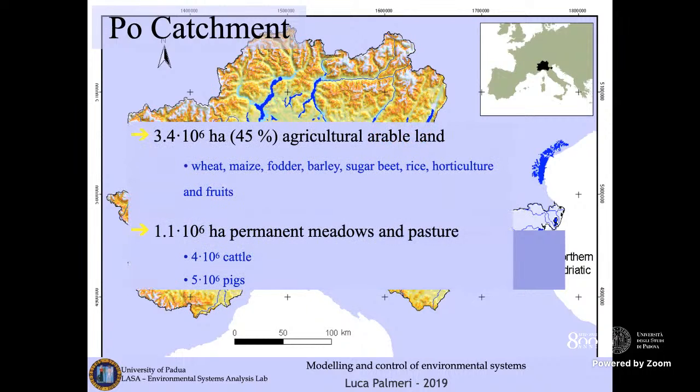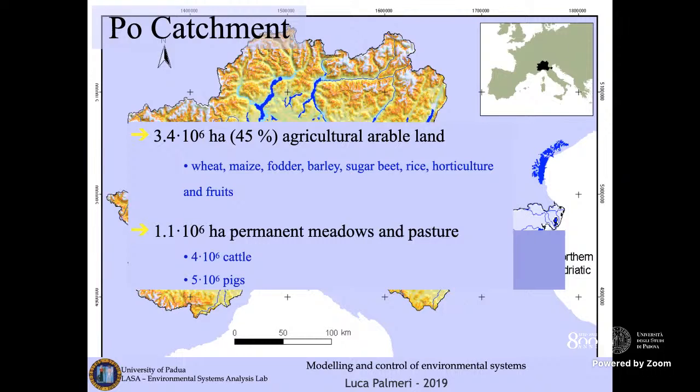In this area, 45% or 3.4 million hectares are agricultural arable land. So the importance of agricultural activity in this area is really great. We have more than 1 million hectares that are permanent meadows and pasture lands, on which we grow 4 million cattle and 5 million pigs.